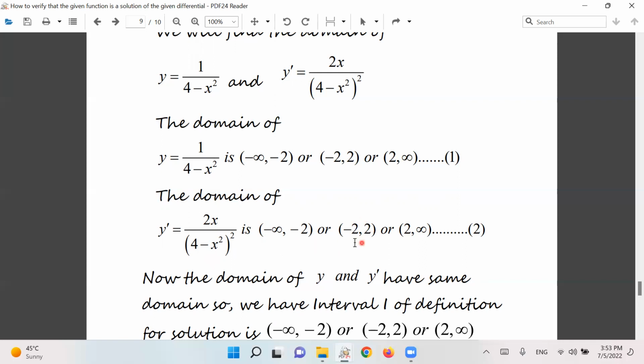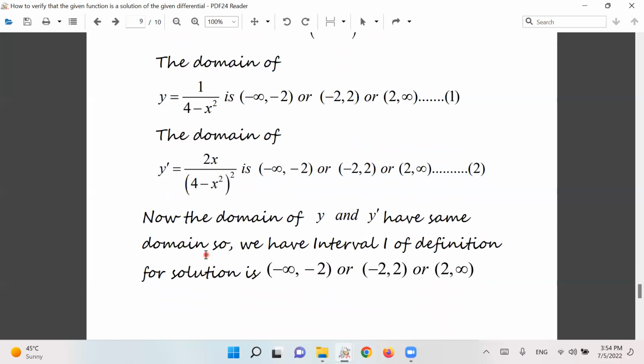And also between minus 2 and 2, and 2 to infinity, any number, we can put 3, 4, 5, 6, and we will get a real valued function. So the domain of both y and y dash is these three different intervals.